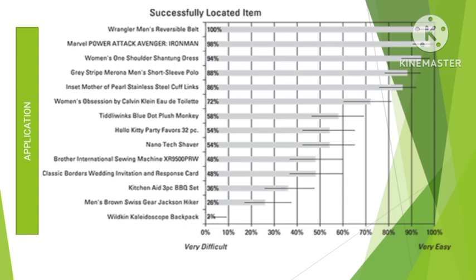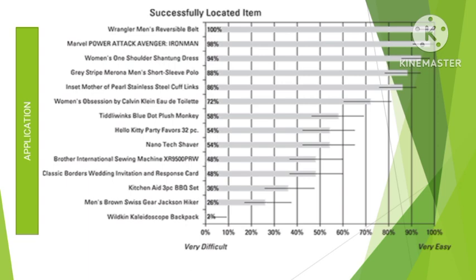Successfully located items. For example, we have an item here, the Wrangler men's reversible belt. The customers rated the item as 100% easy to find.